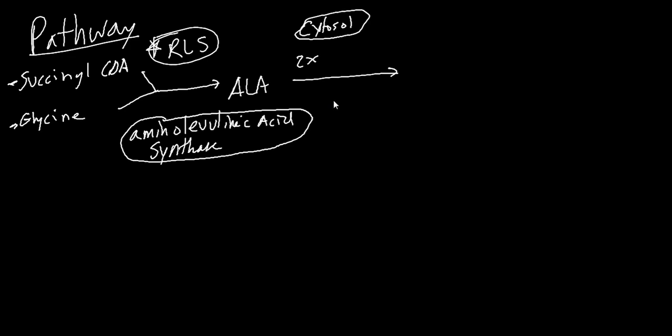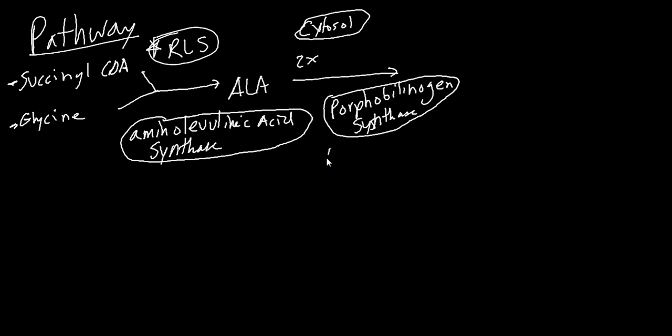So we're going to have porphobilinogen synthase. So porphobilinogen synthase also can be called ALA dehydratase. Same thing, same enzyme, can be called two different things: ALA dehydratase or porphobilinogen synthase.